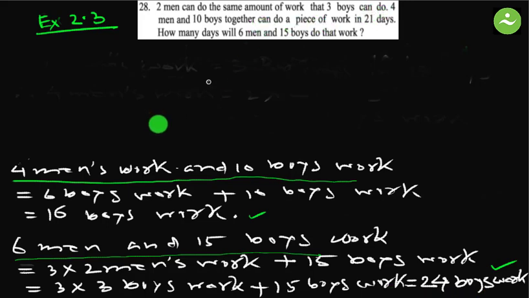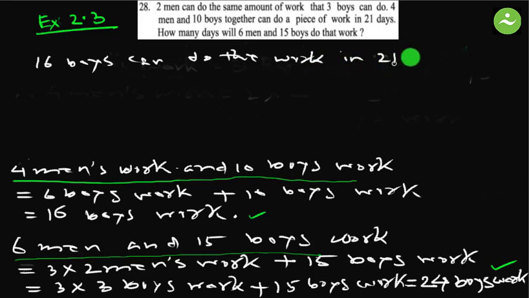As per the question, 16 boys can do the work in 21 days. Therefore, one boy can do the work in more days. It will increase because the number of boys is less, so days will increase. So 21 multiply 16 days.